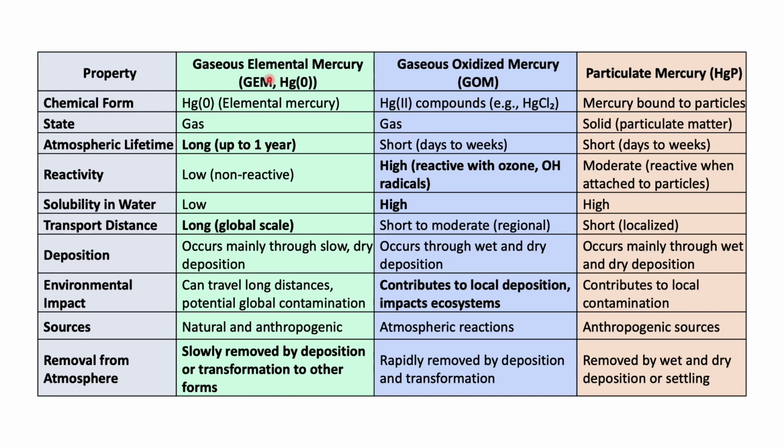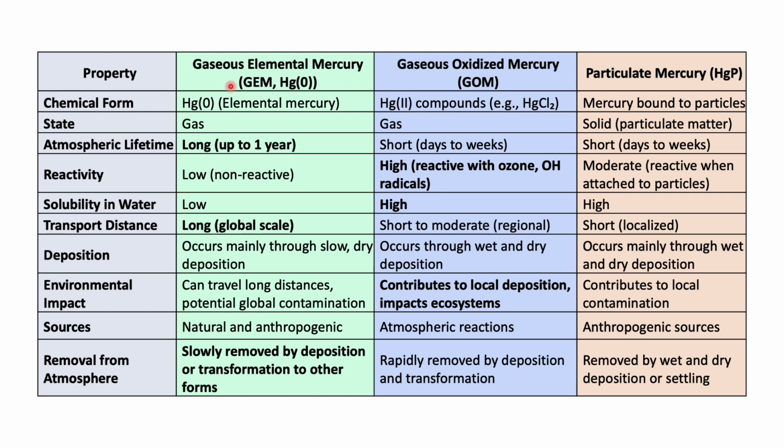Here are the three major types we discussed: gaseous elemental mercury, gaseous oxidized mercury, and particulate mercury. Particulate mercury is not a very problematic one. The most problematic ones are elemental mercury as well as oxidized mercury.